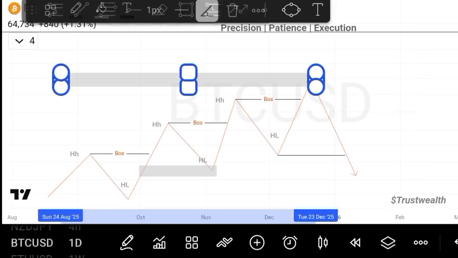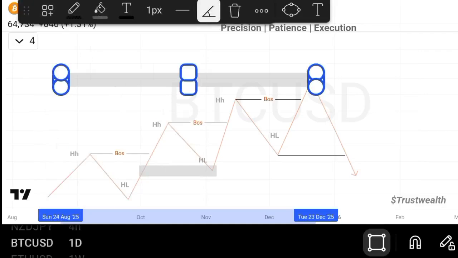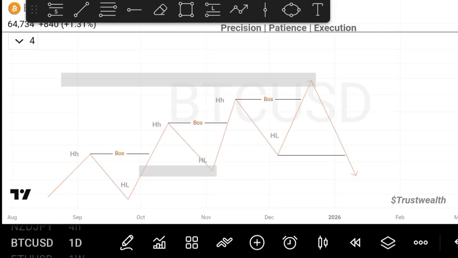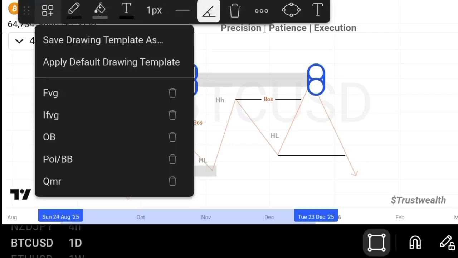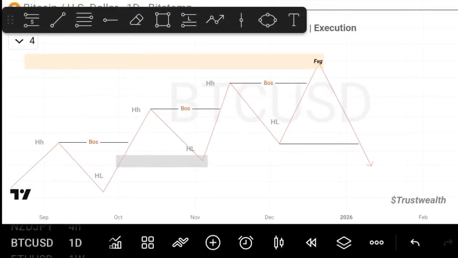Let's say price came to meet a fair value gap as a higher time frame POI.